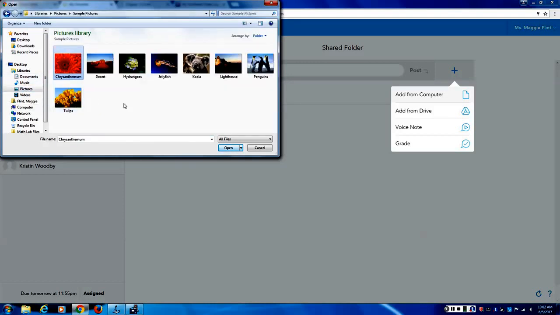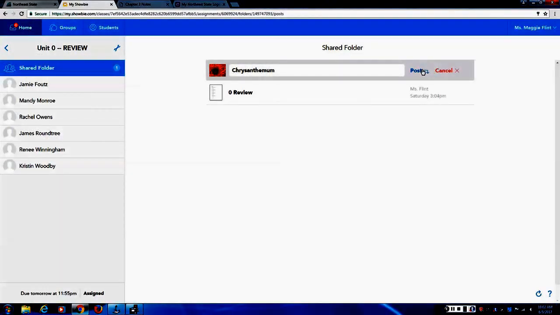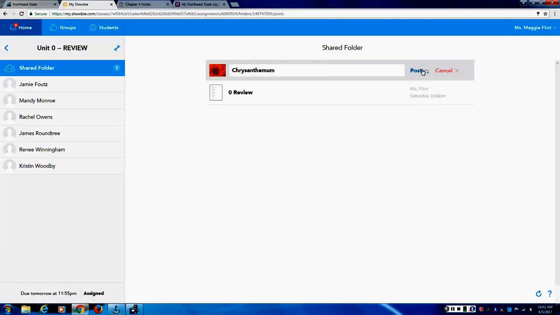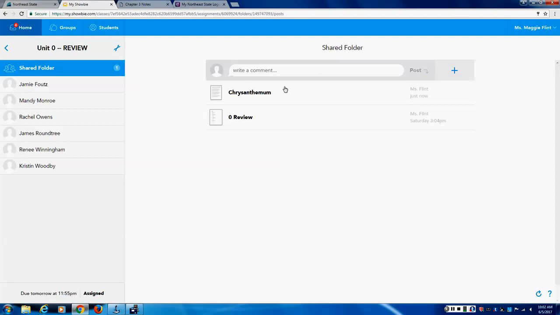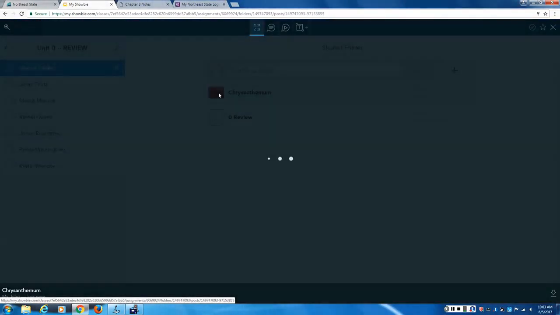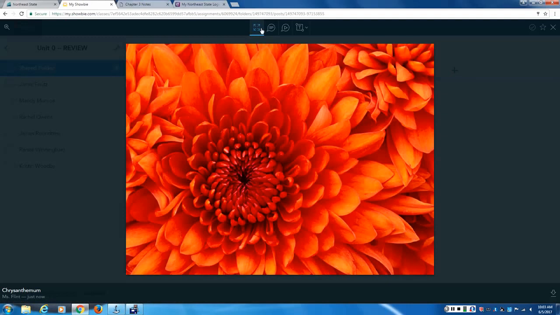Now yours is going to be the picture of the paper that you did, but I'm going to put one in there just so you'll see how this works. So I'm going to pick that picture, open it, and tell it to post it. So then it pops up in your box. I can open it up and look at it.